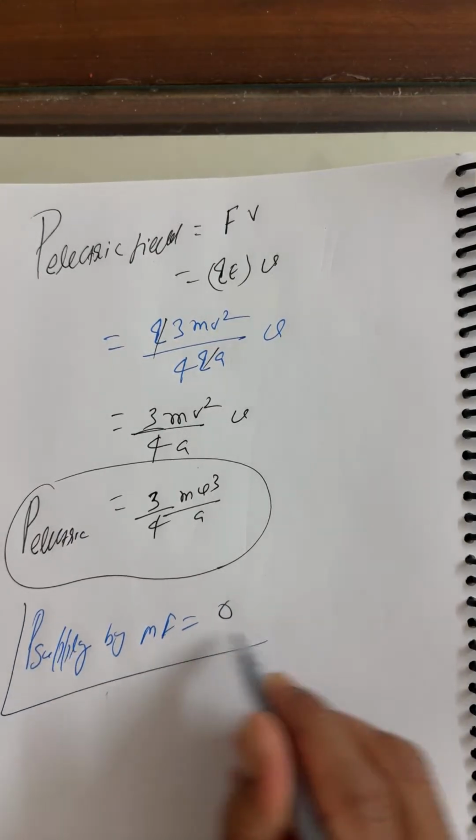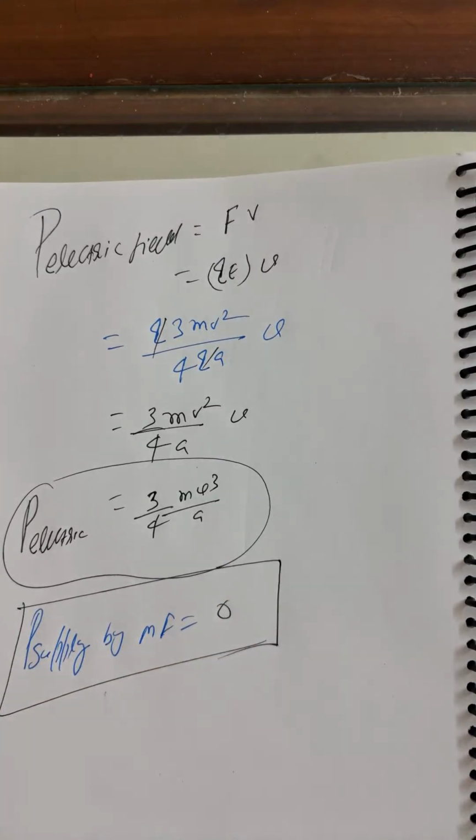Why 0? Because the work done by the magnetic field is always 0.